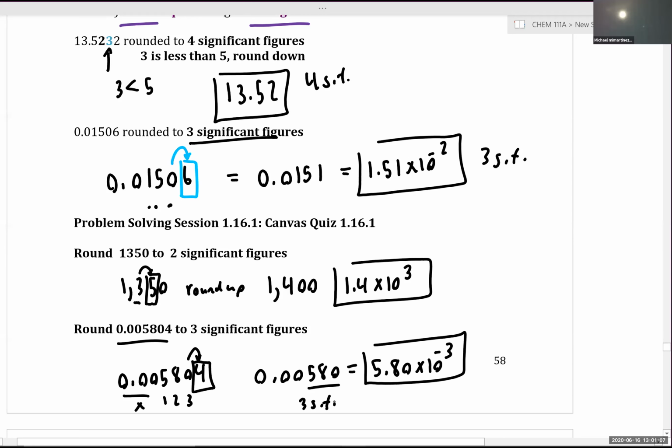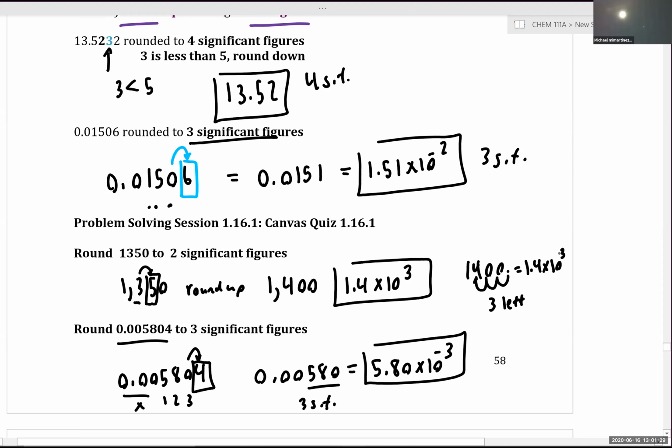And why is it negative 3? So the first one was 10 to the third, and the second one is 10 to the negative? Well, for 1400, if you're converting into scientific notation, we move our decimal point 3 spaces to the left, and that in turn gives us 1.4 times 10 to the third, because this is a number that's greater than 1.